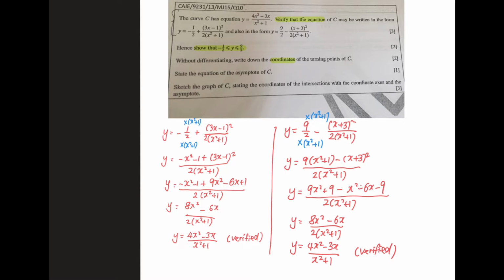You can't use the normal way, like bringing this over, then doing a quadratic equation and b squared minus 4ac less than 0 and showing that. We are not allowed to use b squared minus 4ac because the word is 'hence show that'. So we have to make use of this result and continue it.